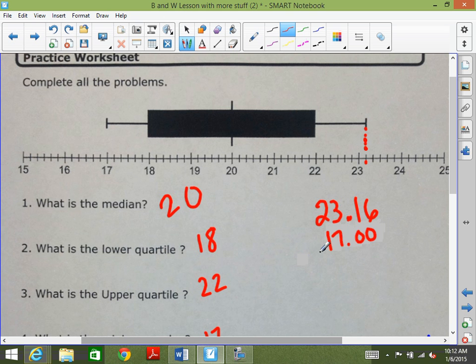And we are subtracting these two, correct? What you get. Did you get 6.16?